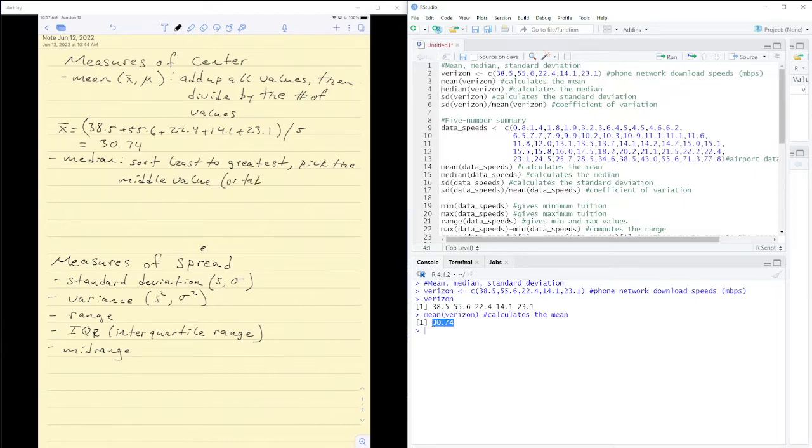Or take the average of middle values if there's a tie.